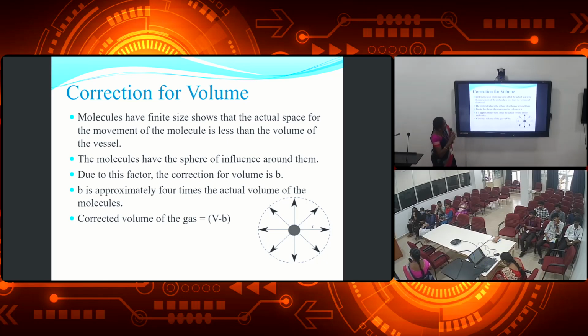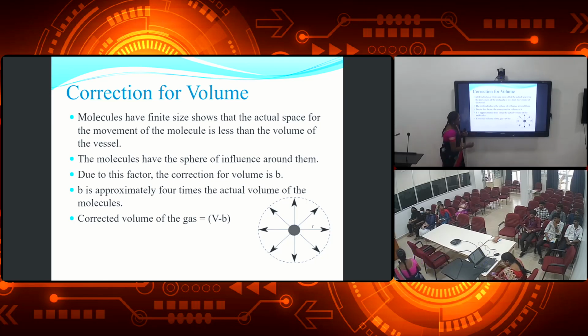The molecules have a finite size, so the actual space for the movement of the molecules is less than the volume of the vessel. Due to the high pressure, the volume is reduced and the pressure is increased, so the movement of the molecule is very limited compared to the volume of the vessel.